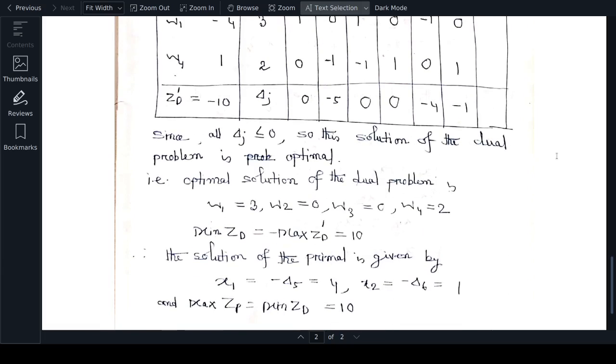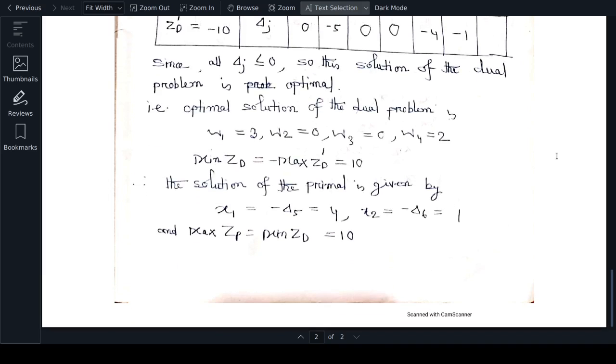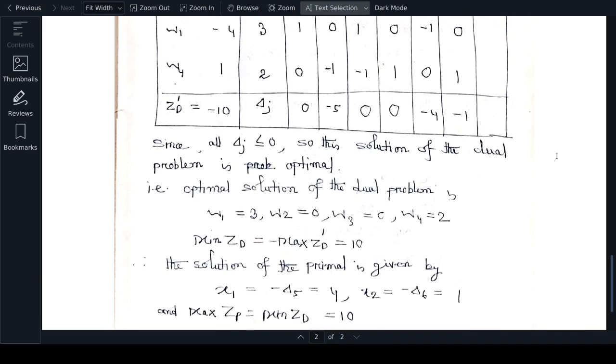Therefore, max Z_P equals min Z_D, and we get the value 10, because max Z_P equals min Z_D. I have given the procedure for how to read the solution of the dual from the final simplex table of the primal and vice versa.